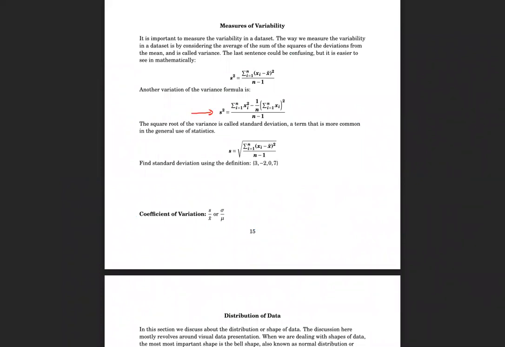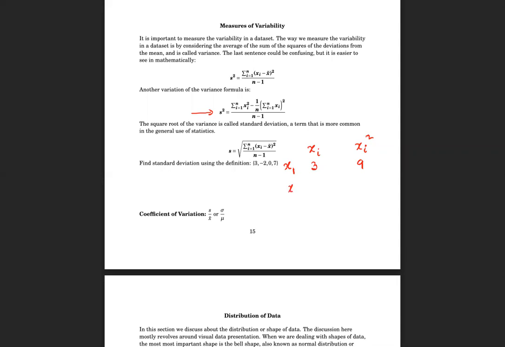And then from variance, I take the square root to find standard deviation. So summation xi square. This is really easy. This is your xi. You don't even need x bar on this one. And then xi square. Your x1 is 3, x1 square is 9.